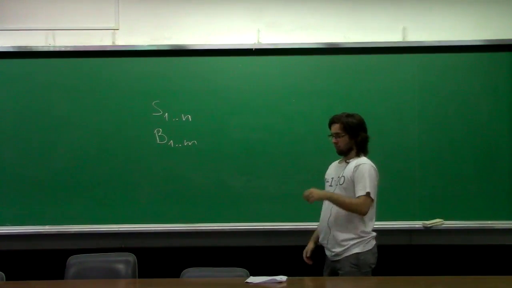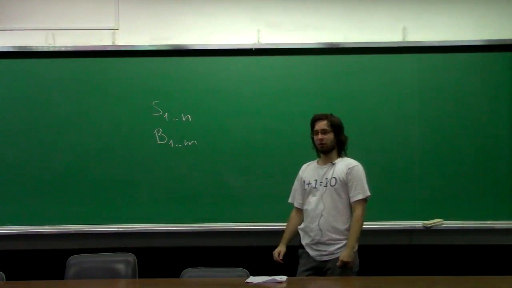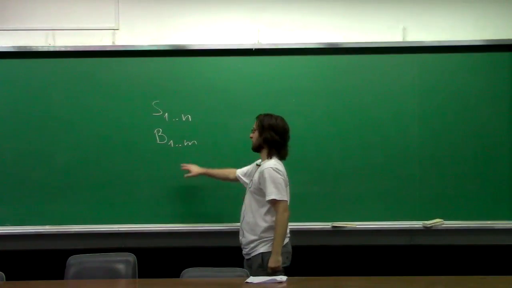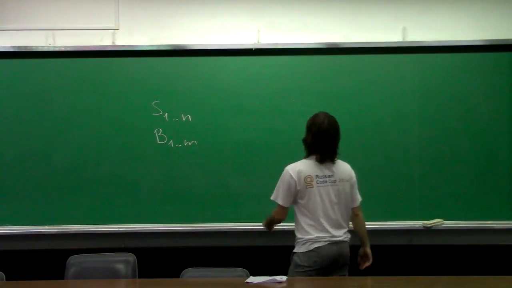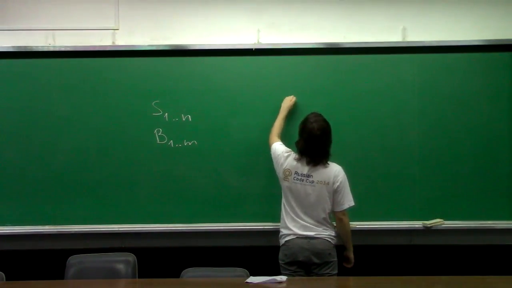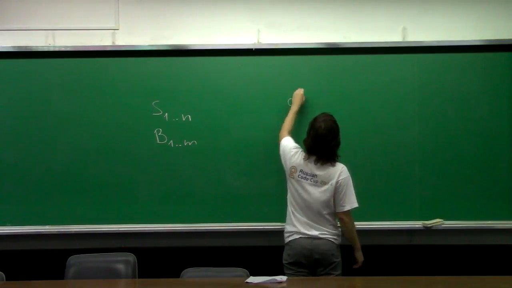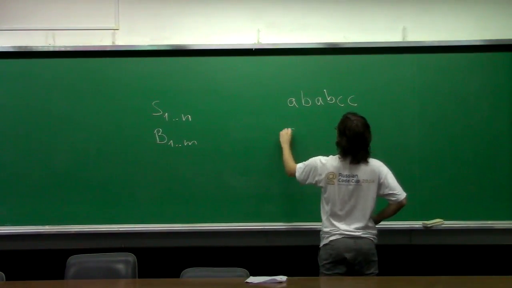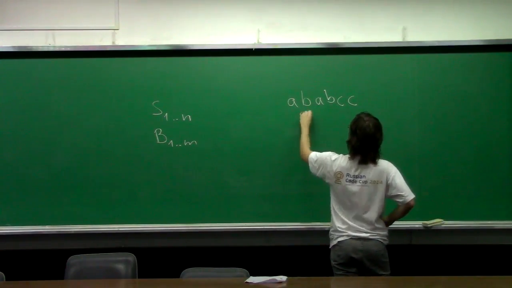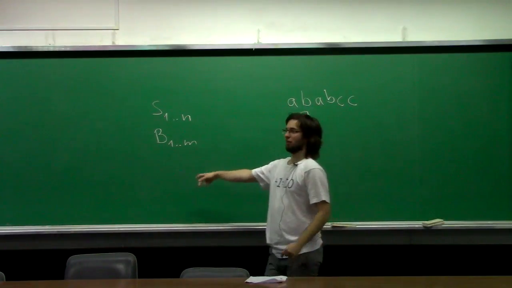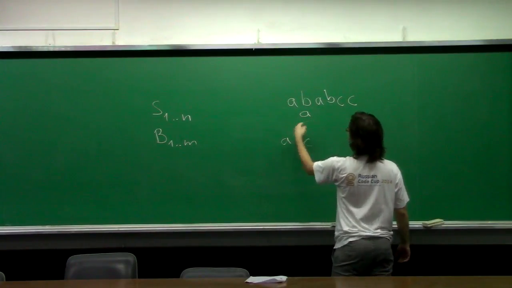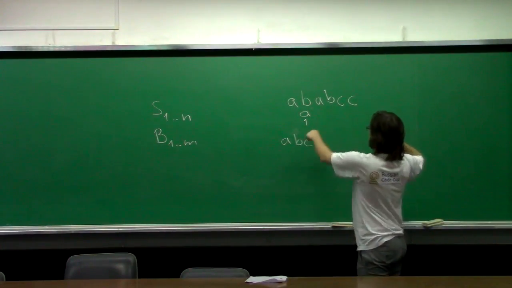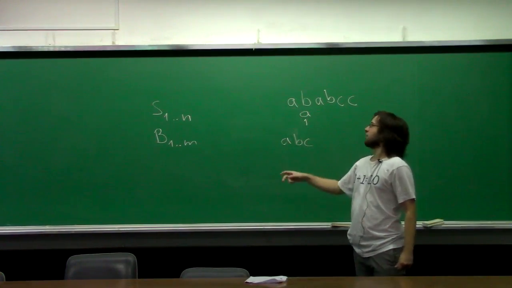You add the characters of a string S one by one, and you remember a state which is the longest prefix of the string B, which occurs at the current position in what you currently added from S. So when we had this string ABC, it's added one by one, so we have A. Then we know that the prefix of the bug string ABC is equal to A. So we start with an empty string, then we add this first character of S. This is A.